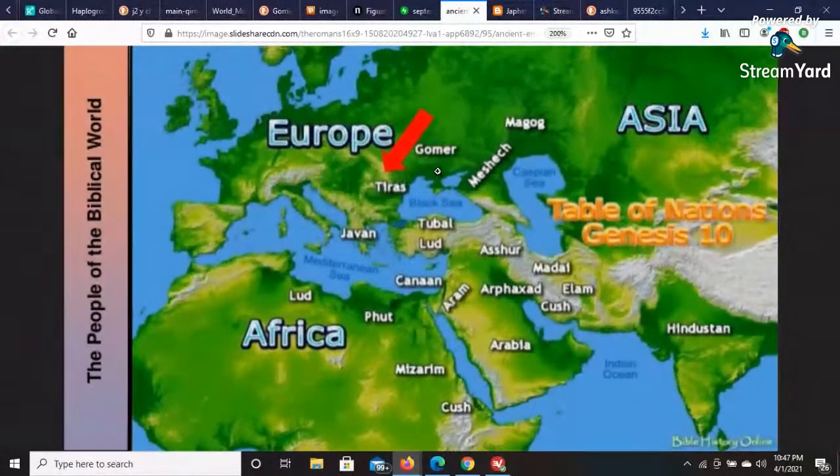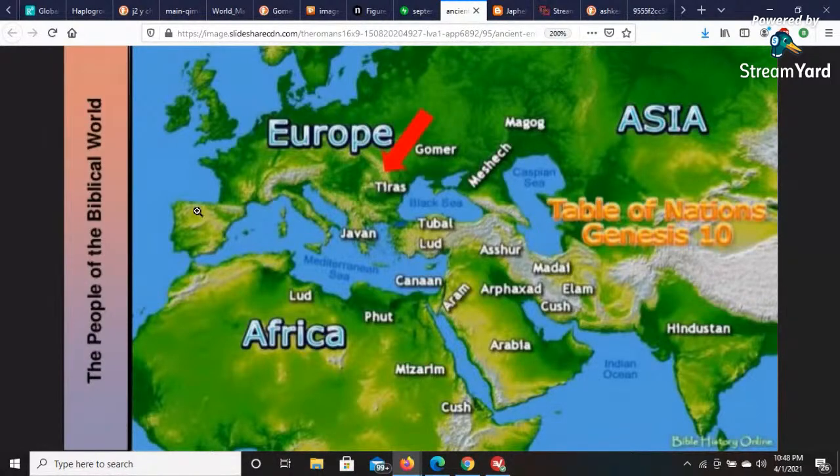The only one I have absolute proof is Gomer, because he's the father of Ashkenaz, and the Ashkenazi Jews who went to Ashkenaz have predominantly the Y chromosome R. So I'm assigning Gomer as being the R, Magog as the O and N, and then the other ones are up for grabs.